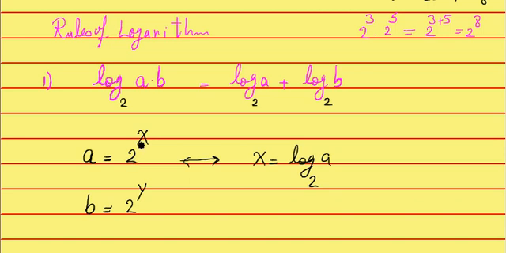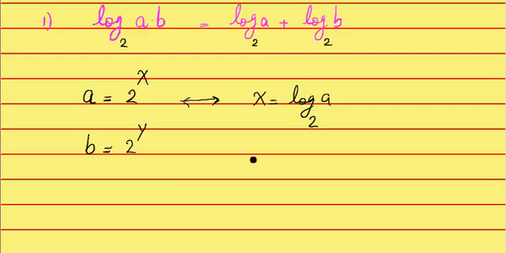Let's just go through an exercise one more time. If a was 8, the logarithm of 8 in base 2 would have been this 3. If a was 32, the logarithm of 32 in base 2 would have been 5, and so on. Whatever this number is, it's going to show itself as a logarithm as well.